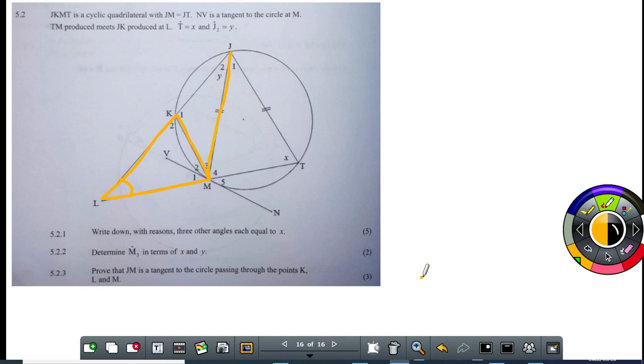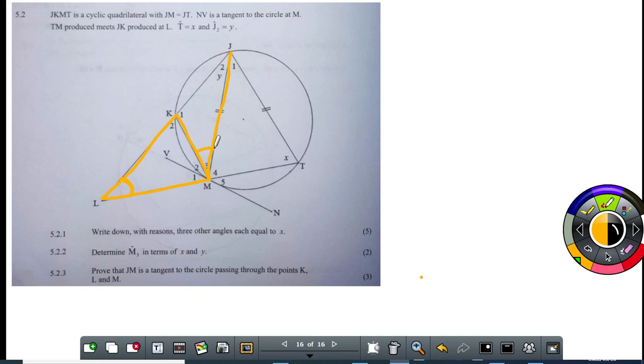Or a line must be such that the angle between it and another line is going to be equal to the angle subtended by that line inside the triangle. Or maybe there's another shape, but it has to be a triangle in most cases. Okay? So you just have to prove that angle L is equal to M3. Then we can go home after that.